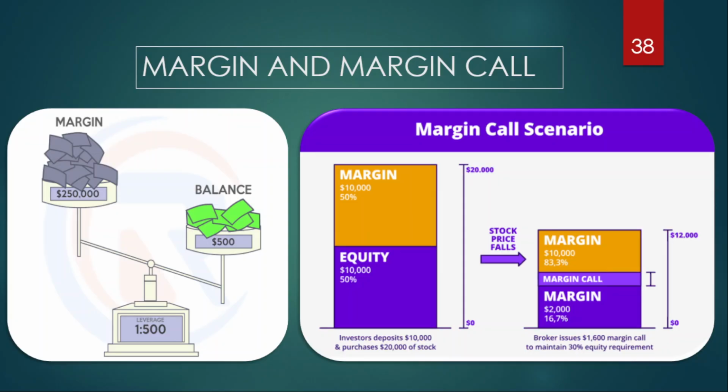And when the market goes against you, for example, and you are making a loss, there is a certain amount of money that, when the loss reaches that amount, the broker will give you what we call a margin call.